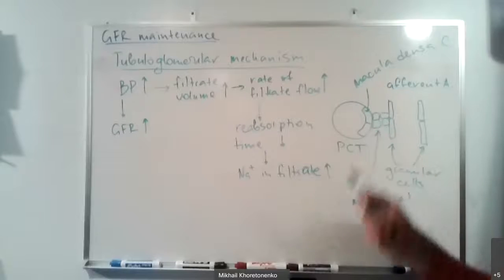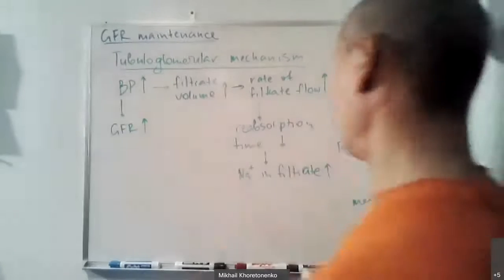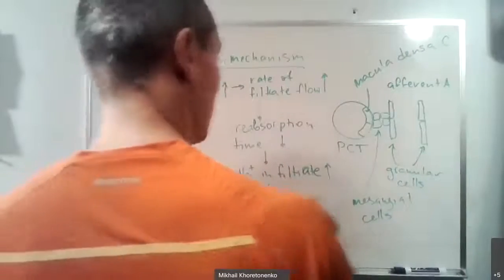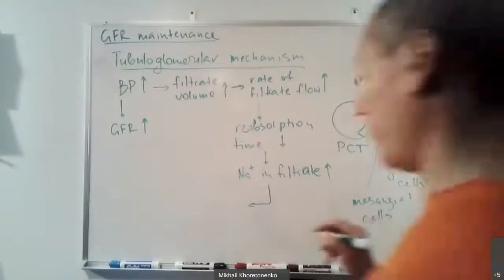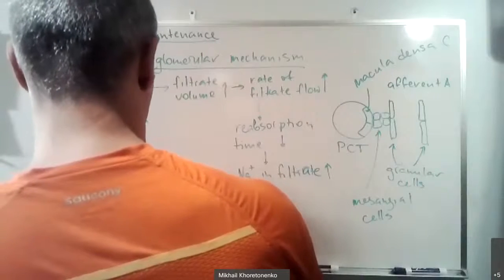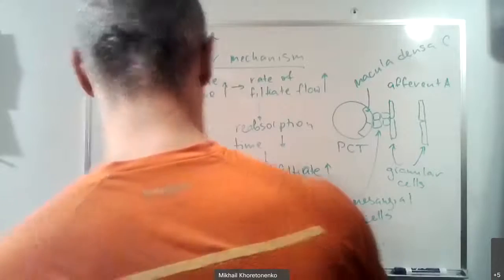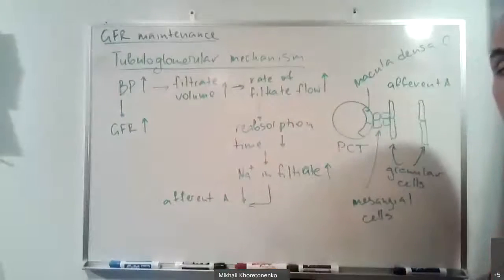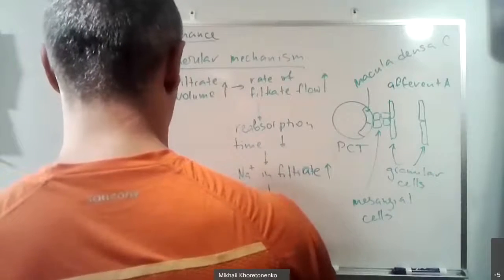And in response to that signal about increased sodium concentration in the filtrate, granular cells, remember those are smooth muscle cells, cause the afferent arteriole to constrict. I'm going to use the down arrow to mark constricts. And the efferent arteriole dilates.